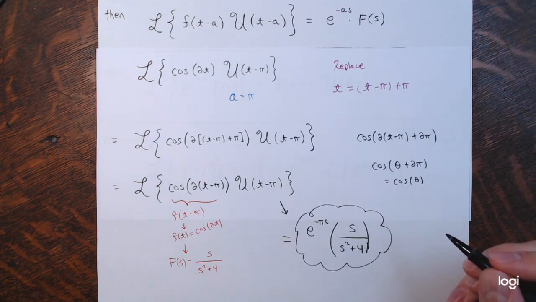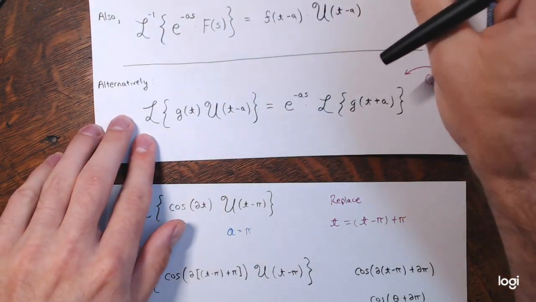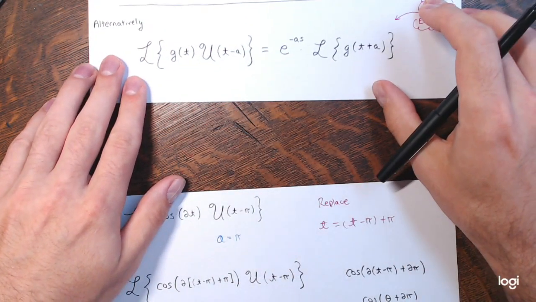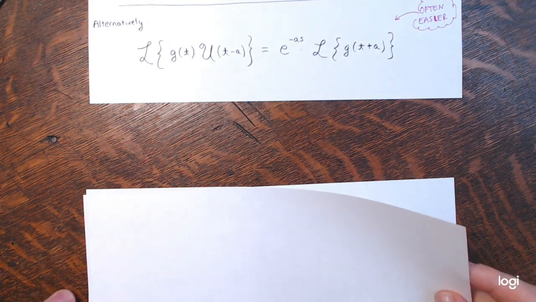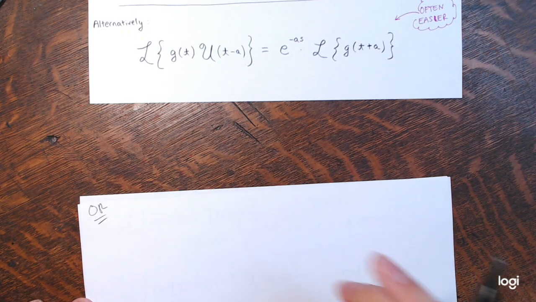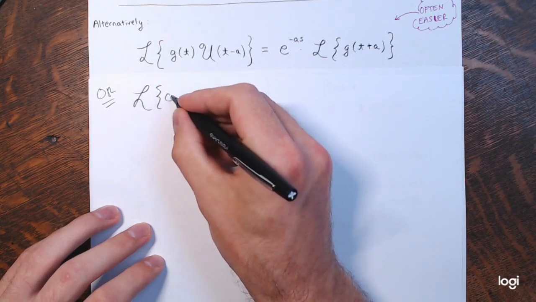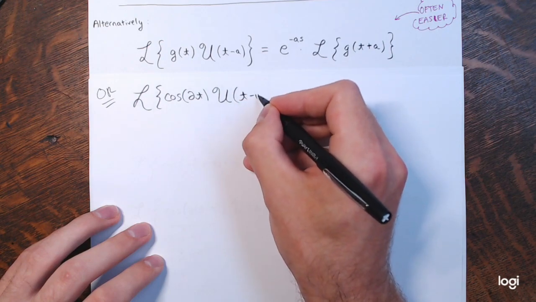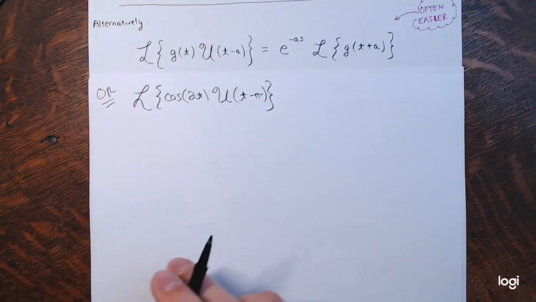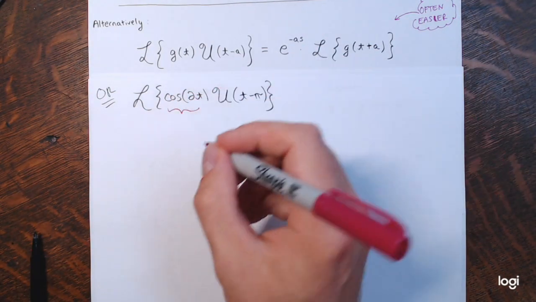All right, now again, I can do this in an alternate way, resorting to this formula here. So let me start that again. Doing again the Laplace transform of the cosine of 2t times the unit step function at t minus pi. So this time I just think, what's the function that's being multiplied by the unit step function in here?